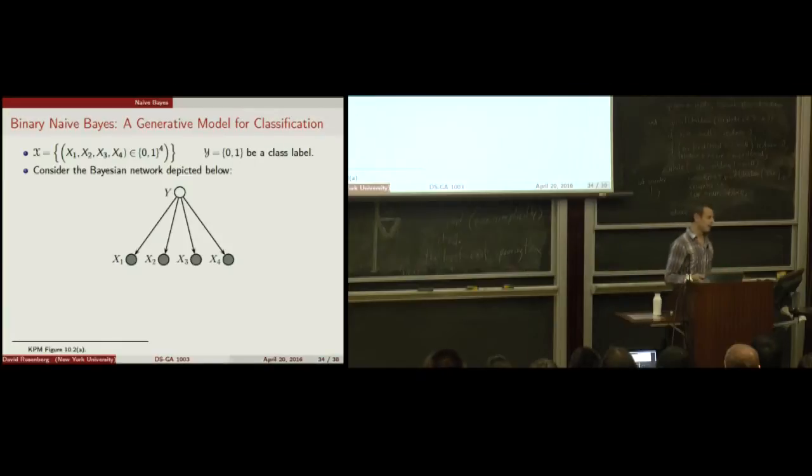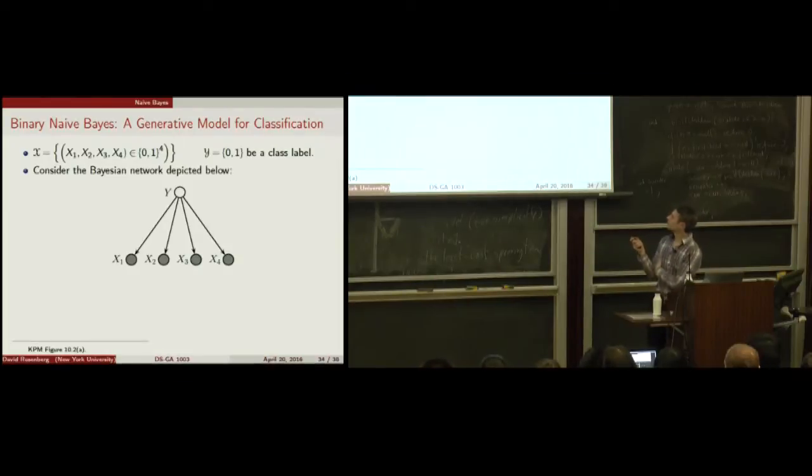That could be our label Y. And then x1 through x4 could be features such as, is the word soccer in the title? Is the word ball in the title? Is the word, etc. So each of these 4 random variables represents some binary description of the article.